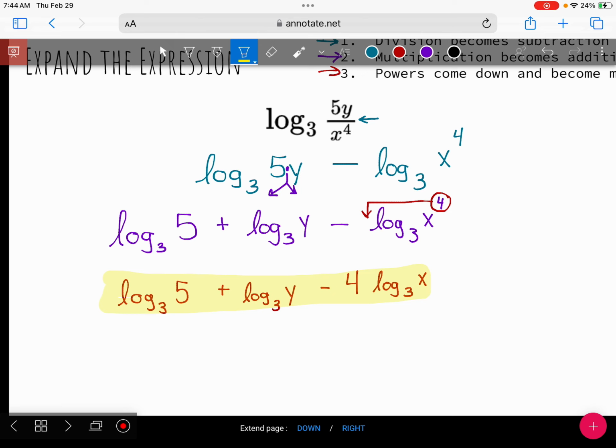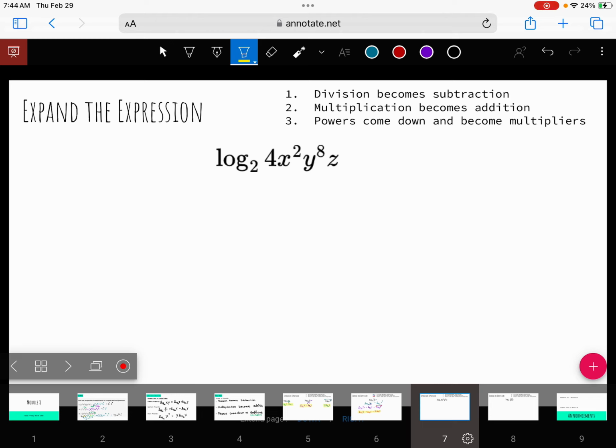Okay. We're going to do a couple more. So here's our next one. So our first step is to see if we have any division. Division becomes multiplication is first. Do we have any division in here?